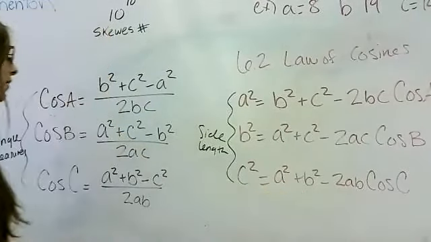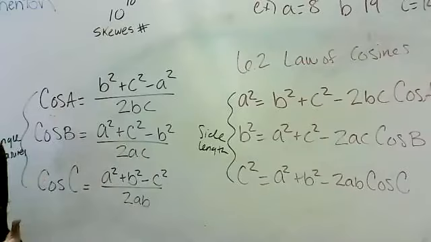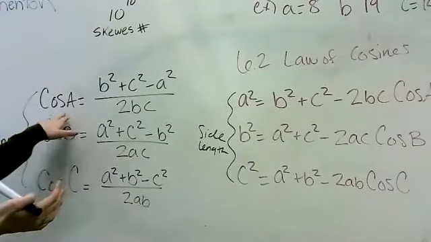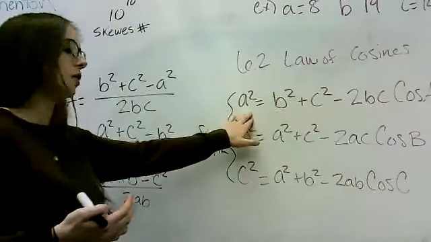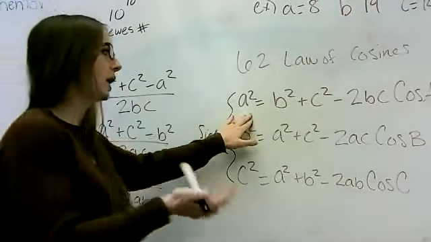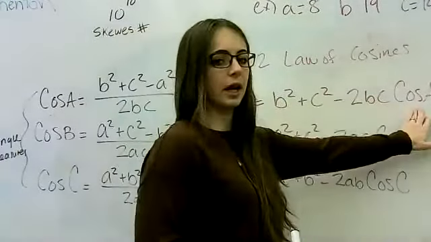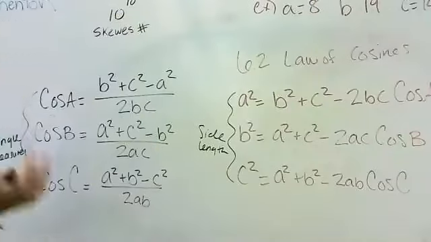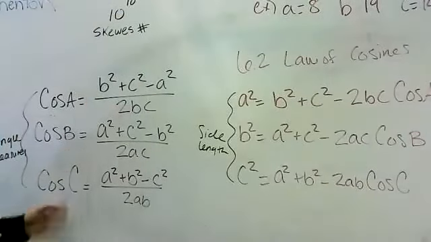This is just me pre-writing them for you, the other version that you would have to use. If I'm matching them up, this was cosine A and this was side length A, all I had to do was isolate this cosine A. It's something you could do on the fly if needed, but it's helpful to have all of them written down with no mistakes made in them and just easy to use.